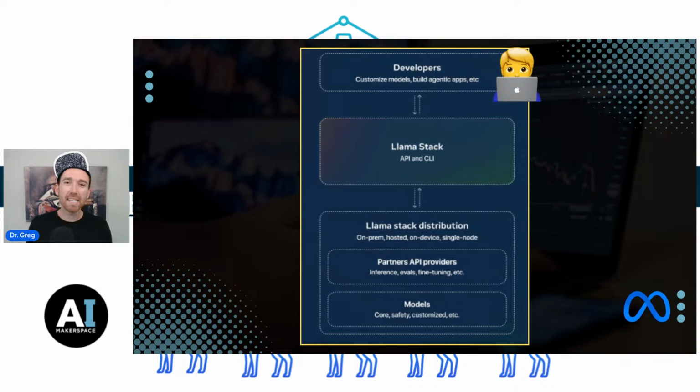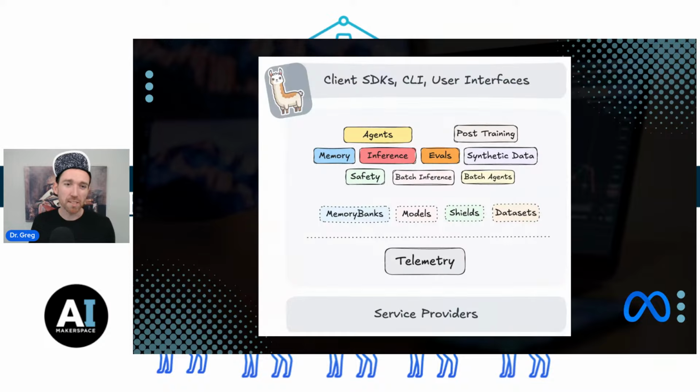And, you know, it starts to expand into just a huge number of potential things you can do with these building blocks. We can do evals and generate synthetic data and put on safety guardrails and safety shields. We can batch agents and batch inference.